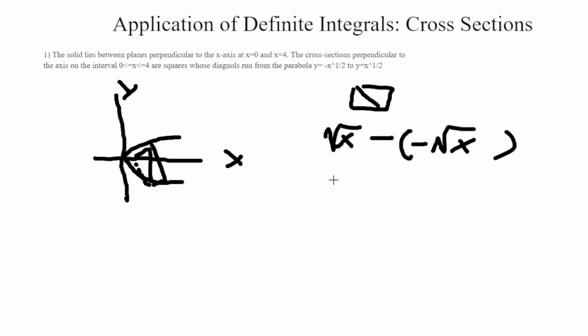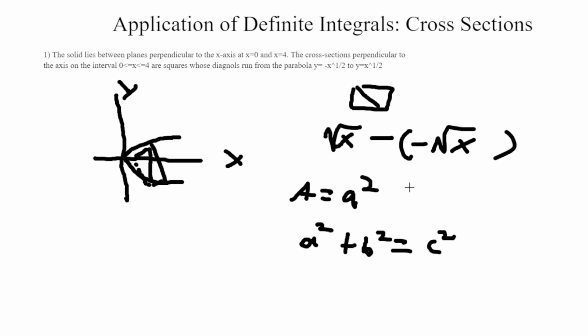So what we can do is to find all the sides, because we need the area of the square, or the side squared. So in order to get the sides, we do a squared plus b squared equals c squared, which is Pythagorean theorem. Since we have the hypotenuse here, because when you slice it in half you're going to have a triangle, we could look for the missing sides.